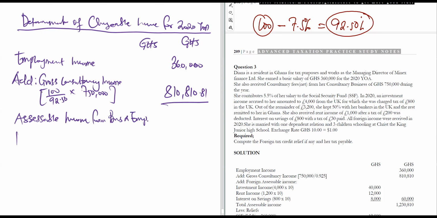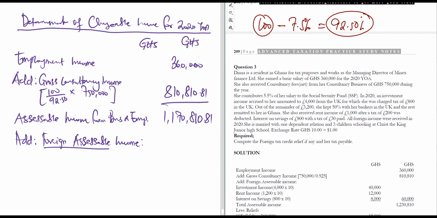Then we add 360,000. So 1,170,810.81. Okay, so add our foreign assessable income, right?